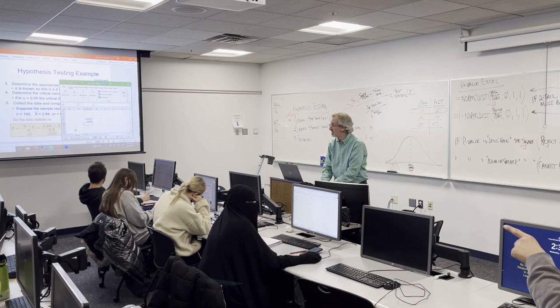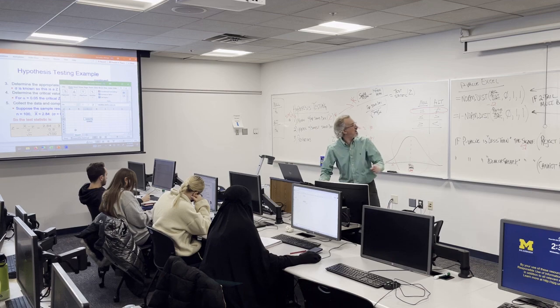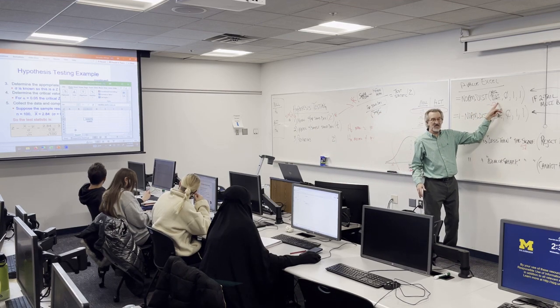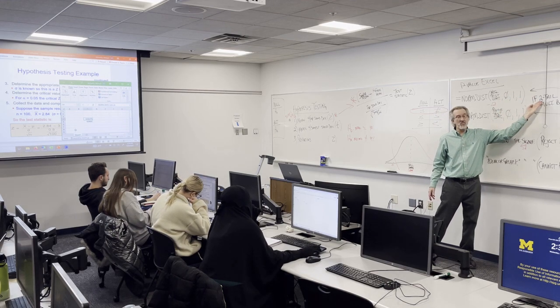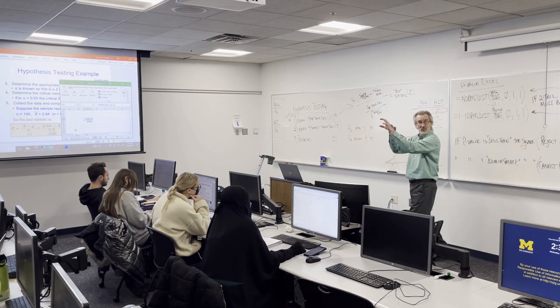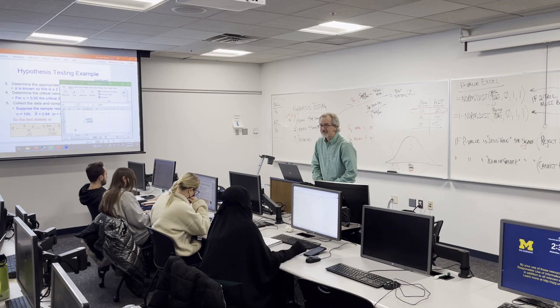Go ahead, say it again. Can I see what's in C4? Yeah. Equals NORM.DIST, negative 2, comma, 0, comma, 1, comma, 1. Now we're multiplying times 2 because it was a not-equal-to, right? And we get 0.0455.